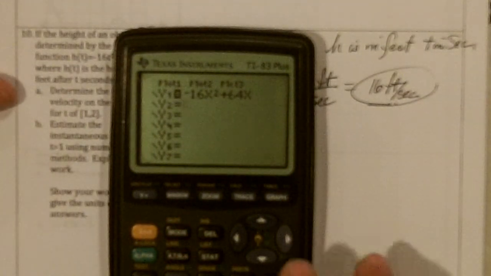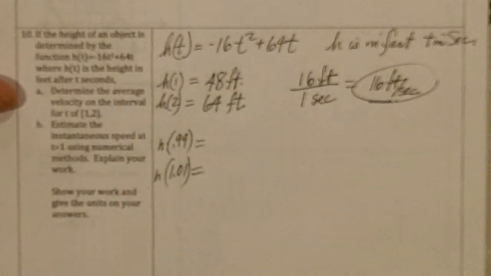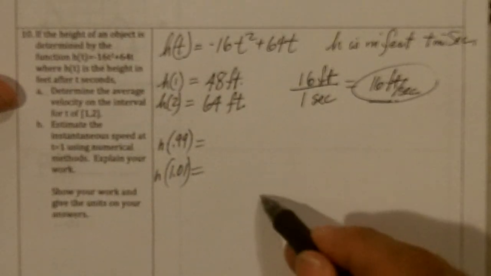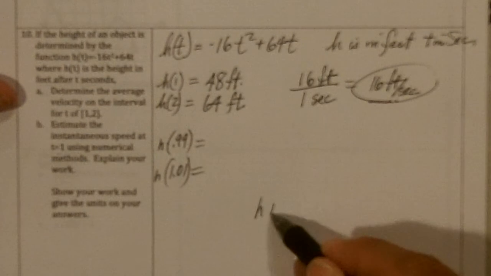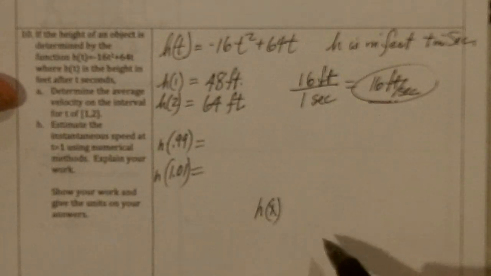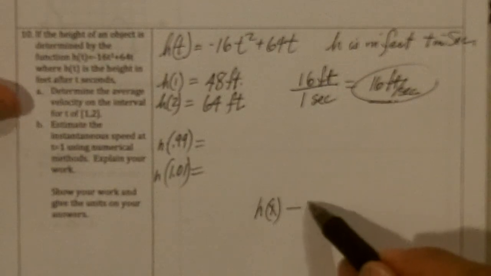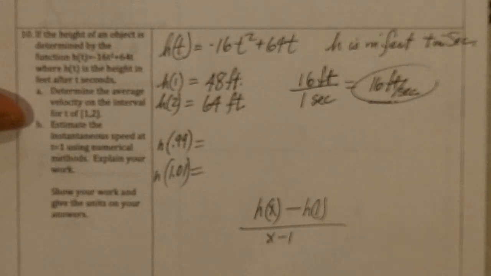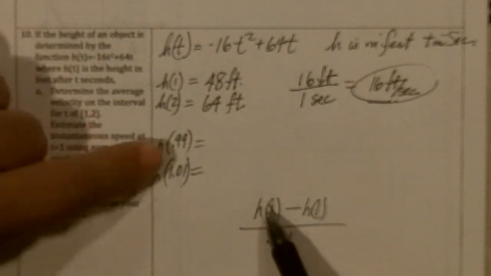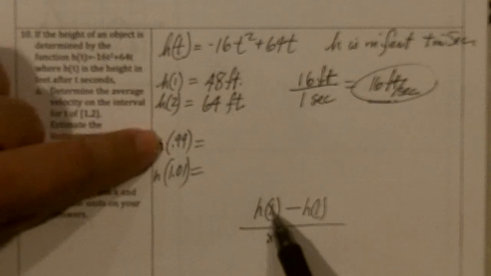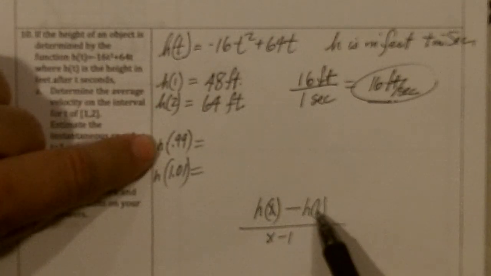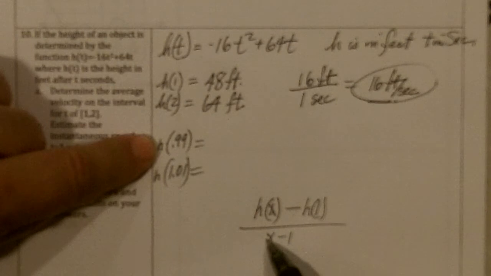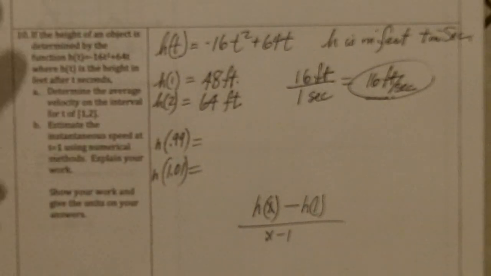Now the slope will be, I'll do it this way first: h of x, a little bit more than 1, minus h of 1, over x minus 1. Understand? So that would be the height at a time slightly past 1 minus the height at 1 over x minus 1. So I'm going to do that first, and I'll show you this one.